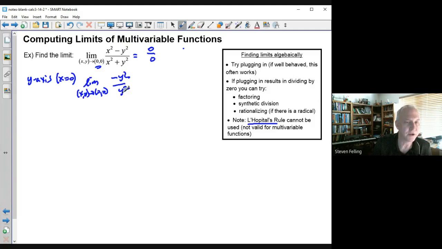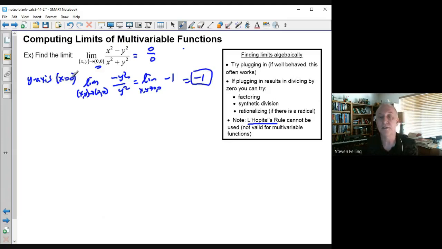Which I can factor, and that's going to be the same as the limit as (x,y) approaches (0,0) of negative 1, and the limit of any constant is the constant, and so that would be negative 1. So I'm able to compute that the limit along that path is negative 1.